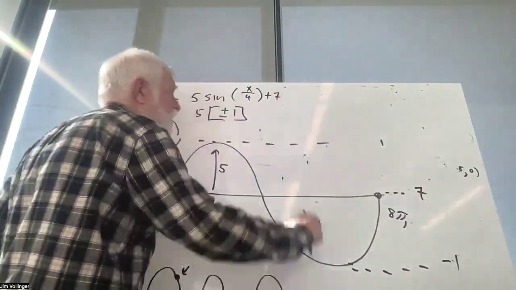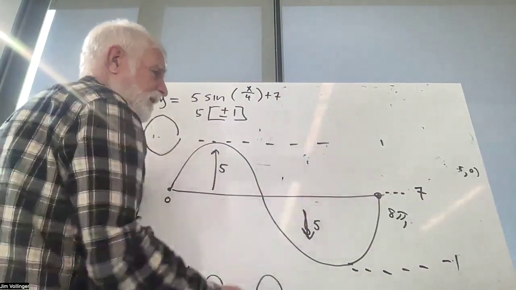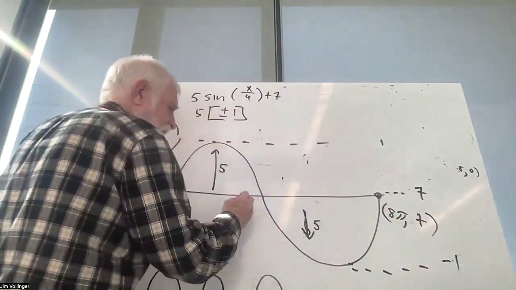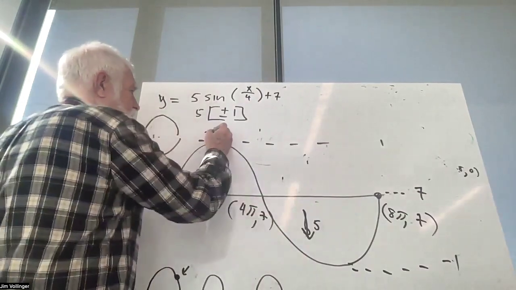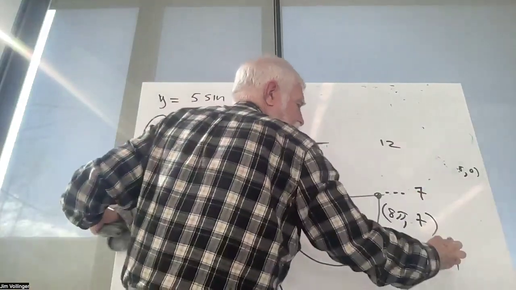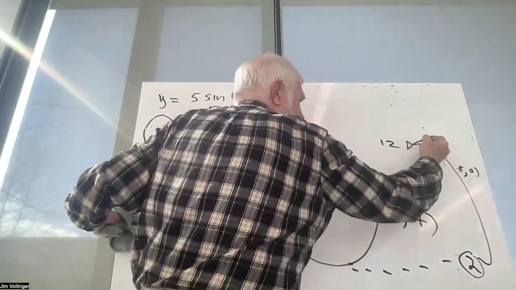I'm measuring from 7. That's a frame of reference. Yeah, so I got all kinds of numbers that I can find now. 8 pi gets me 7. That means 4 pi gets me 7. And that means 2 pi gets me 5 plus 7, 12. 5 minus 7, 2. So there's my range, 2 to 12.